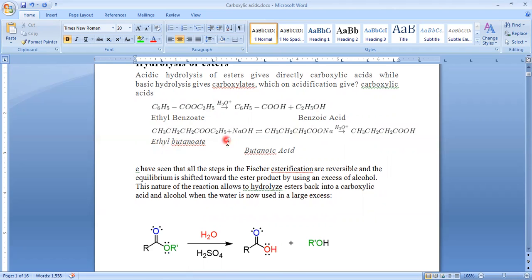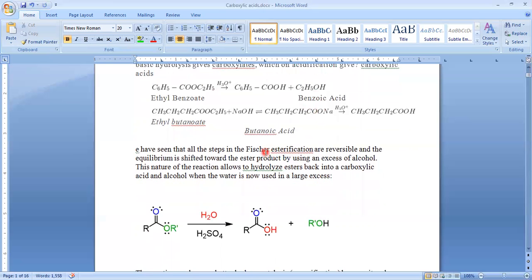This is the ethyl part and this part is the benzoate part. On basic hydrolysis, this ethyl ester is converted into the salt of carboxylic acid, known as sodium butanoate. And on further acidification, what do we get? Our desired one, that is butanoic acid. Okay, so this is about the hydrolysis.